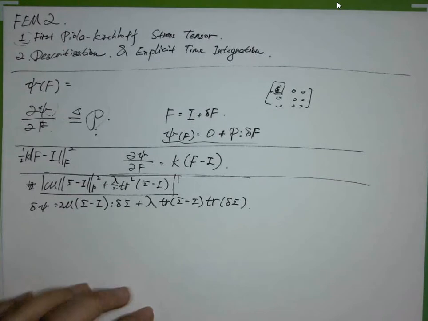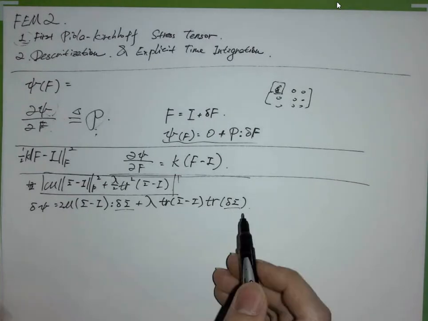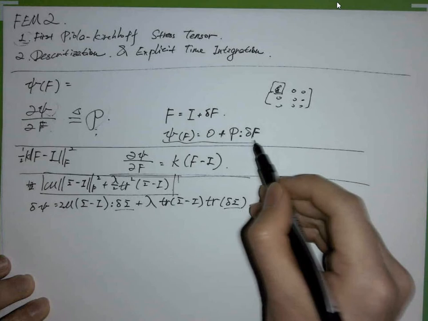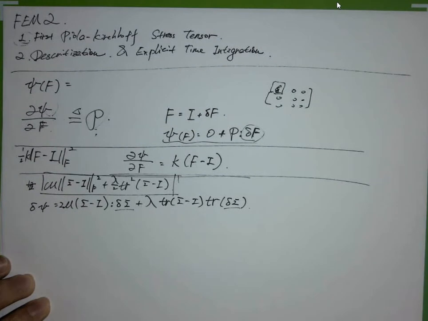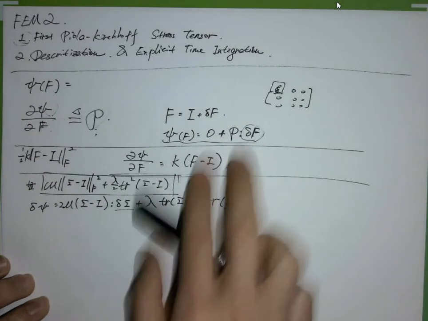And here d sigma is a little bit problematic because we want something that eventually becomes the derivative of F. All right, so that matches our definition, but not this one.